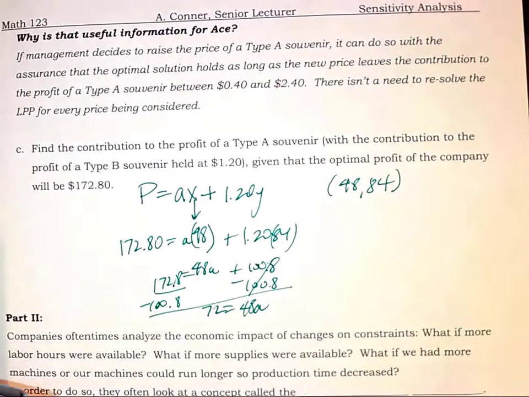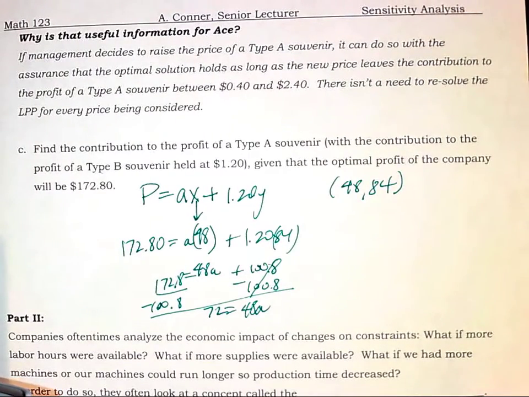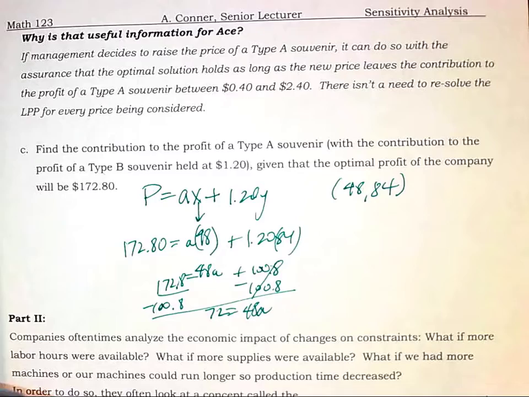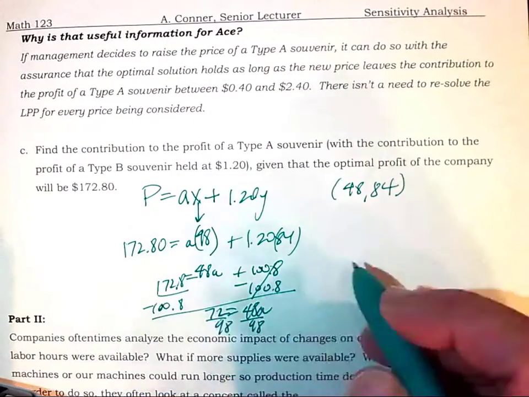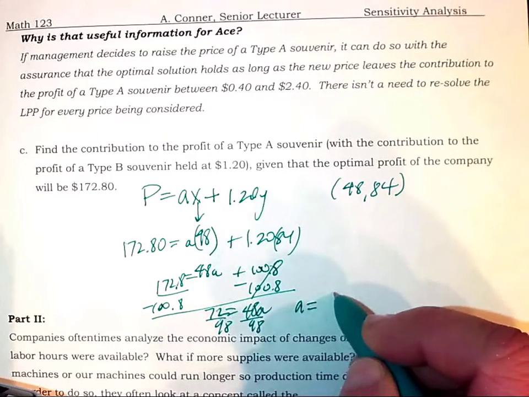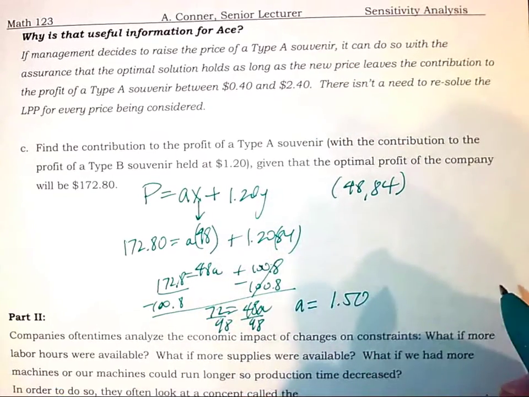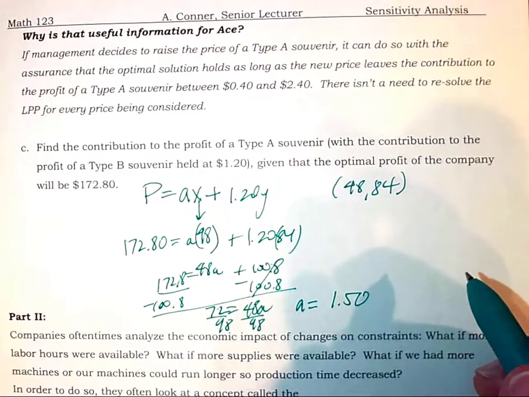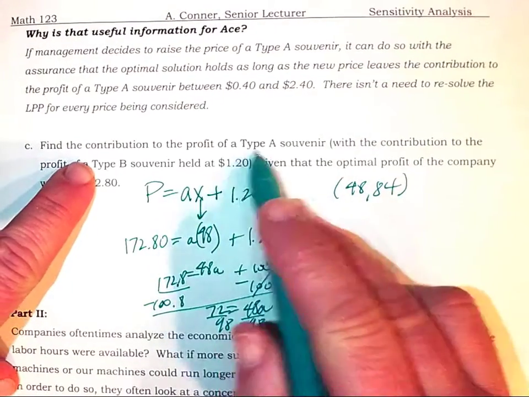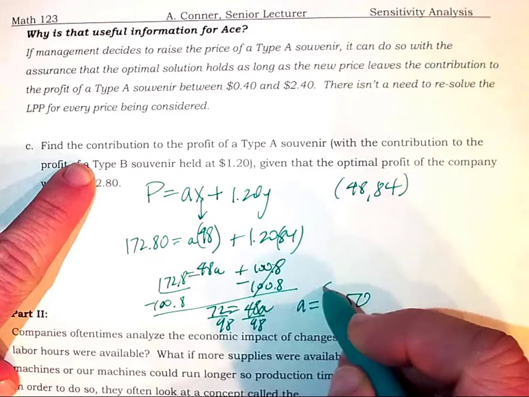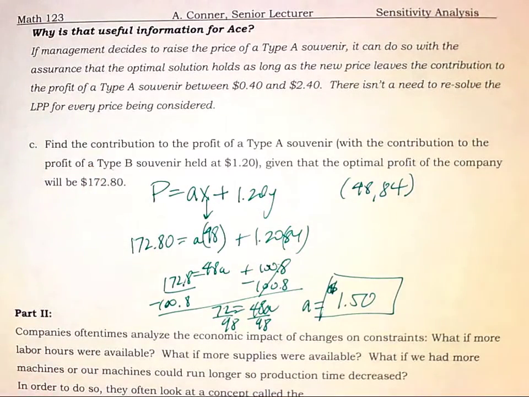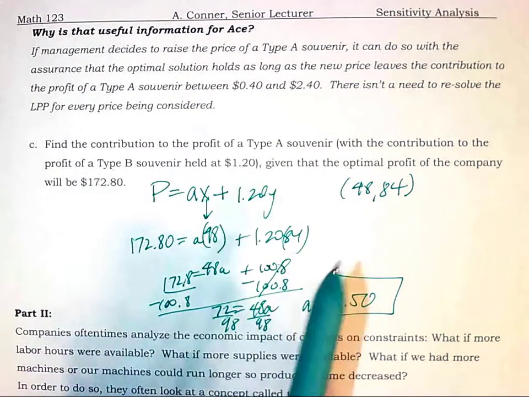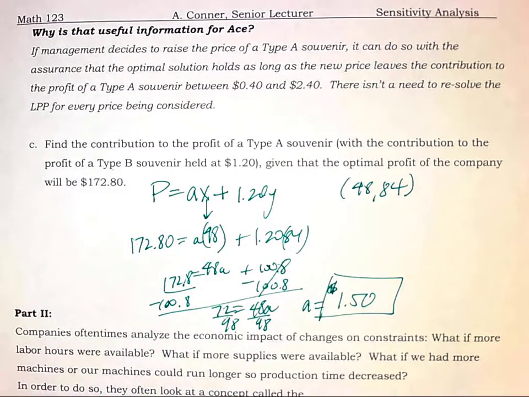And we get 48A is positive 72. And if you divide by 48, you're going to get that A is equal to 1.5. So the contribution to the profit of type A is going to need to be $1.50 per type A souvenir in order to maintain that optimal solution and make a profit of $172.80.